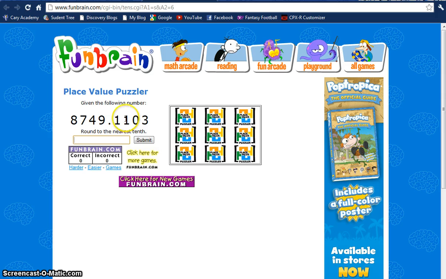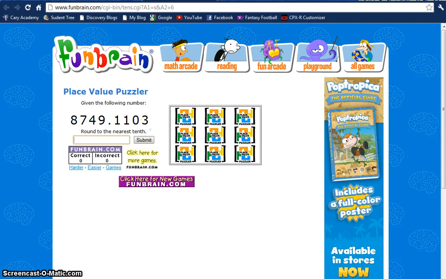Then 1, once again, it's closer to 0 than it is to 10. So that becomes a 0, and we get right here to this 1. That's the tenths place right there. That's still a 1 because no other numbers were closer to 10. So your final number is just this right here, 8,749.1.